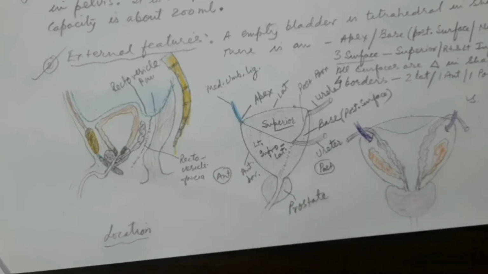But in the female, since there is no puboprostatic ligament, this ligament is replaced by the pubovesical ligament.